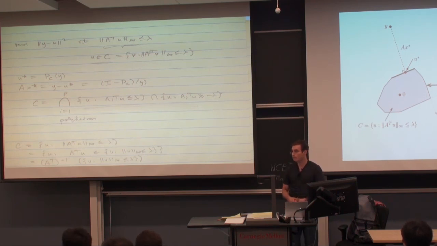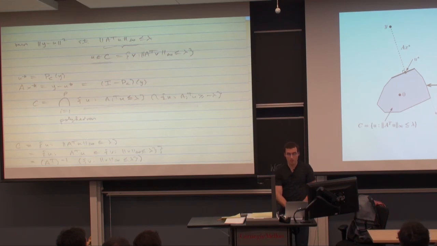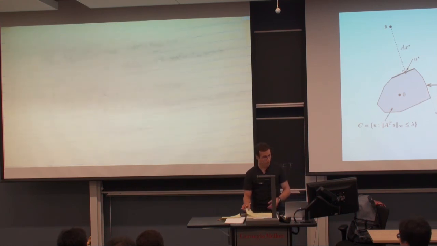So what happens if A is not invertible? A is not invertible, necessarily. This doesn't mean the inverse of A transpose. I'm thinking of A transpose as a linear map that goes from R^n to R^p, and A transpose inverse I'm just thinking of as the inverse image of a function.